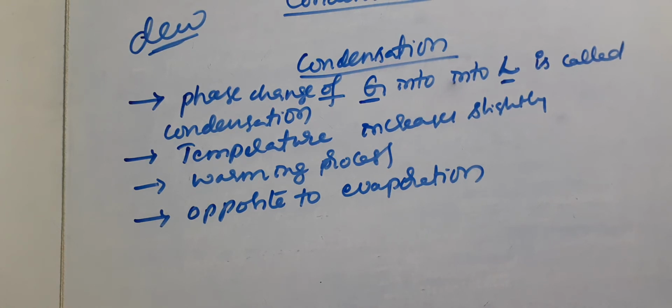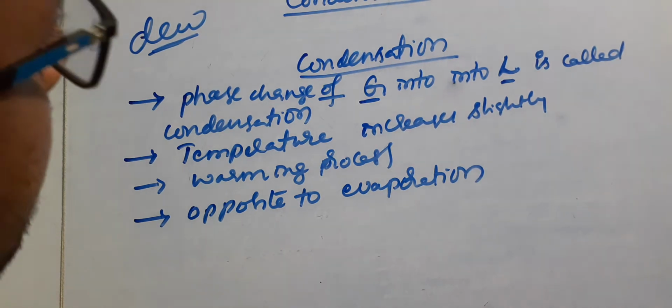So dew is caused by condensation. That is why the phase change of a gaseous state substance into a liquid state substance is called condensation. During condensation, temperature of the system increases slightly. That is why it is a warming process, and we can say this is opposite to evaporation.